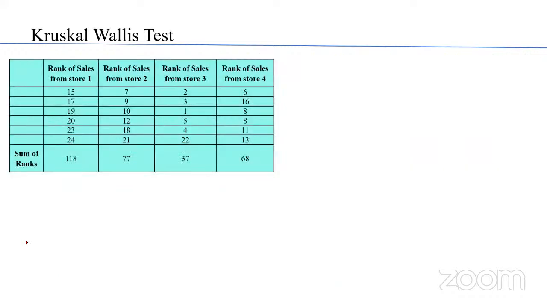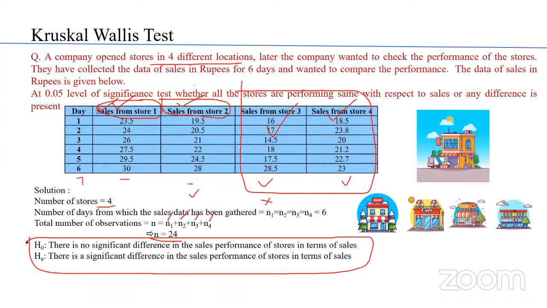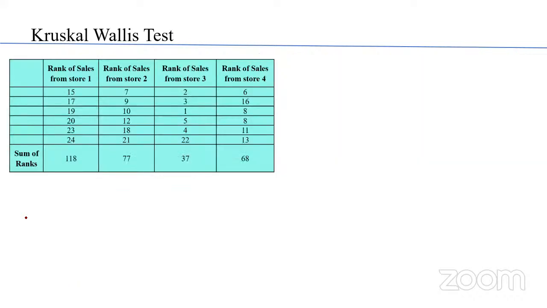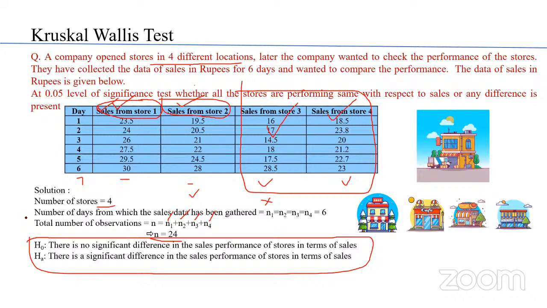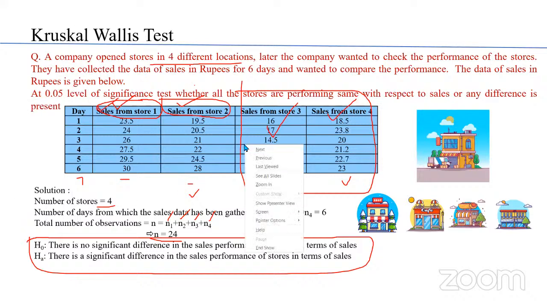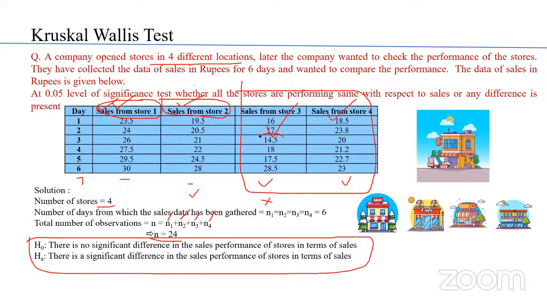Okay. So even in the Kruskal-Wallis test, the ranks are taken straight away, because the least value gets the first rank, the next gets the next rank, and so on. In this case, the least value is observed in store number 3. The next least is observed in the same store, and the next least in the same store.